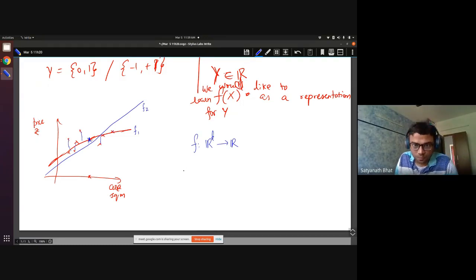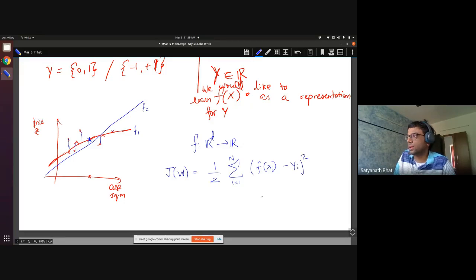We are going to look at a cost function J of w, which is equal to half, the sum over i from 1 to n of f of xi minus yi, whole square. You have your training samples which are given as xi and yi, and I'm trying to minimize the error on at least the samples that are given.